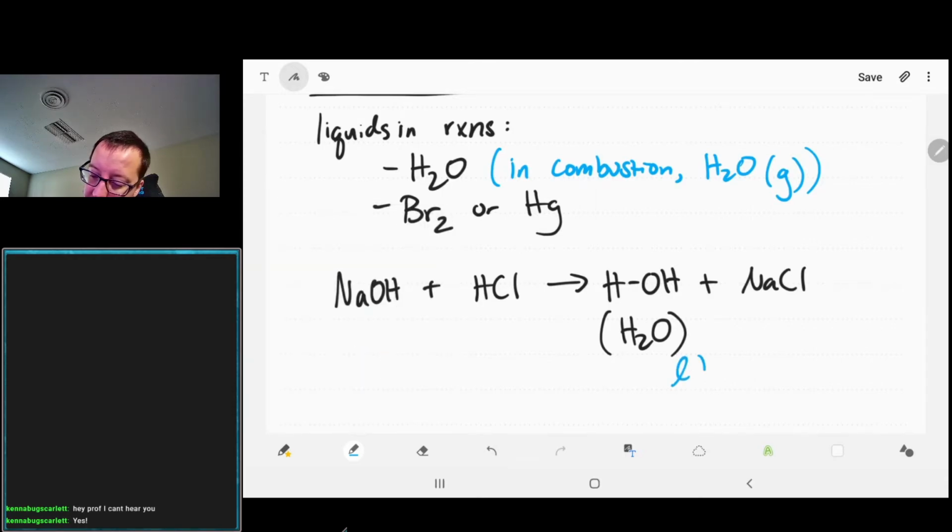Of course, the water we would expect to be liquid, and the salt will be aqueous, of course. We know that sodium salts are soluble in water. All right, I guess I can give you these as well. These will, of course, be given to you. So, nothing too crazy here.